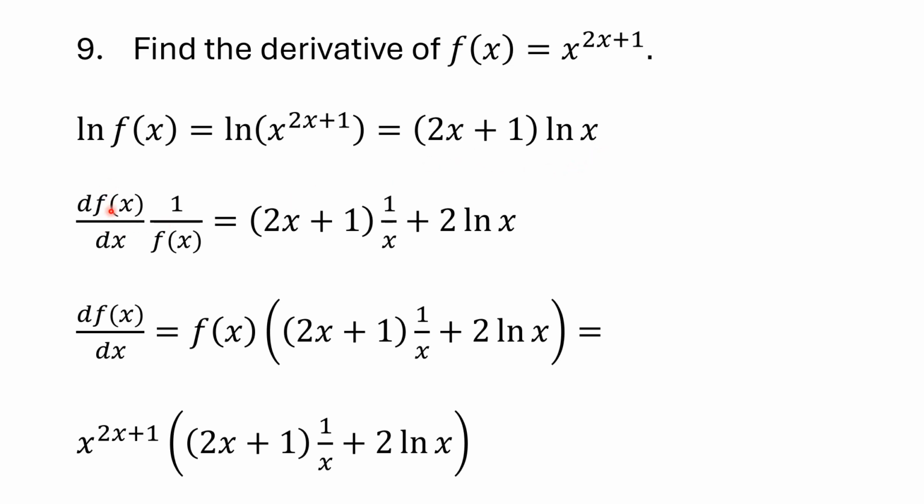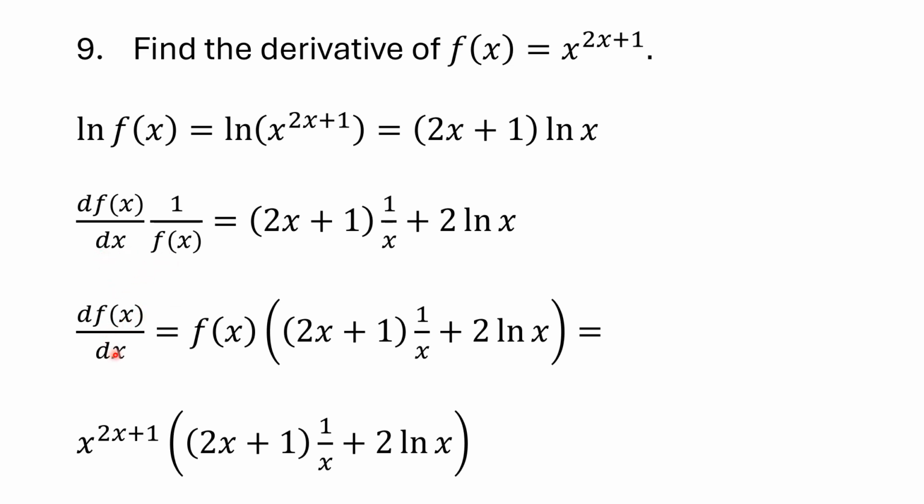Now, implicit differentiation over here gives us df dx times 1 over f. On this side, we actually now have a product rule. So we have 2x plus 1, the first function, times the derivative of the second, 1 over x, plus the second function, log of x, times the derivative of 2x plus 1, which is 2. We still have to multiply both sides by f of x.